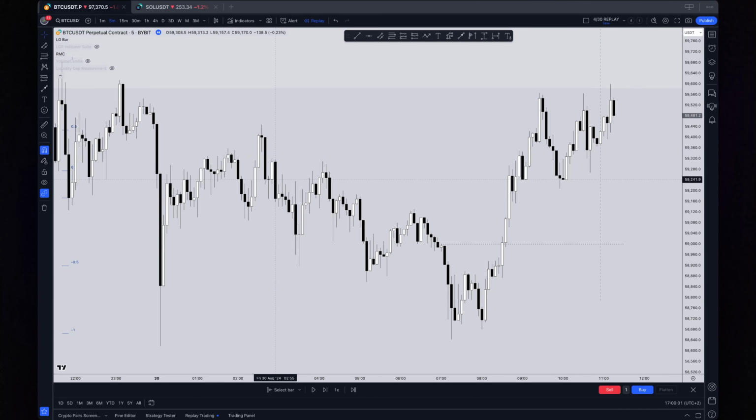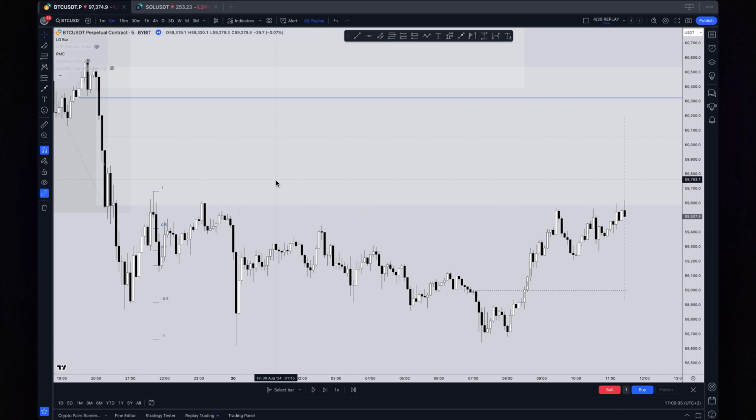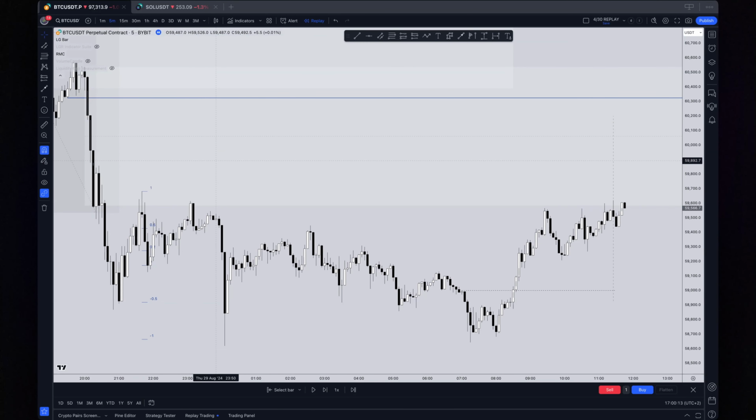That's a sweep, swing formed, another sweep. But I would love to see it higher, actually test some new liquidity.